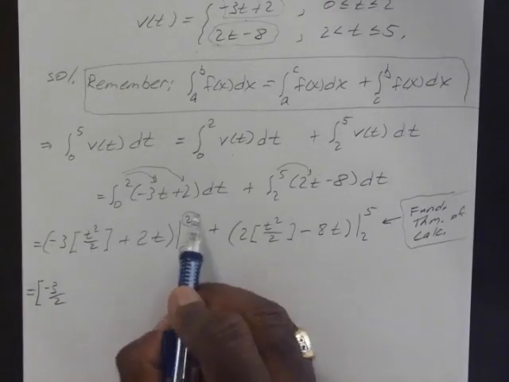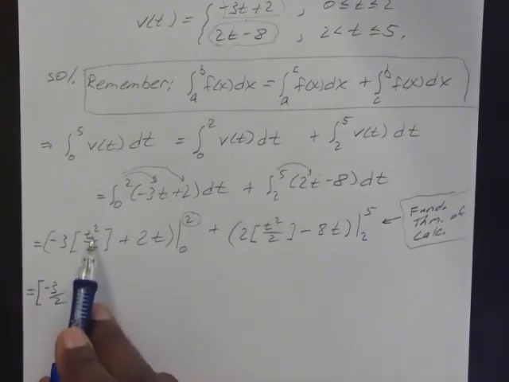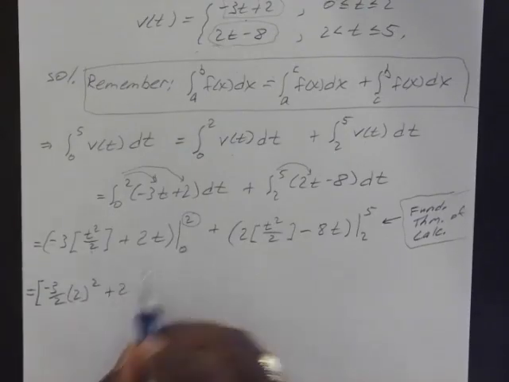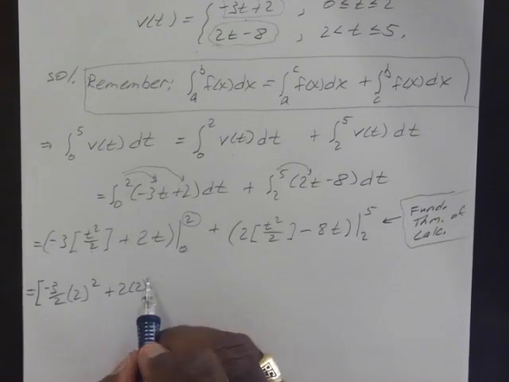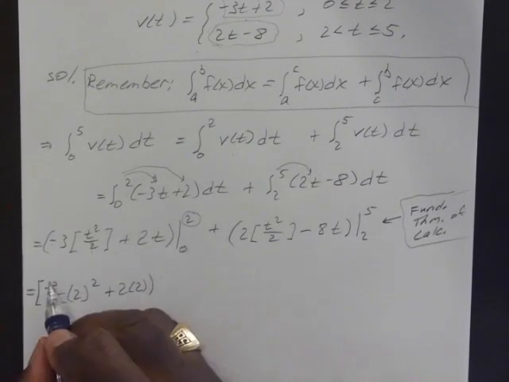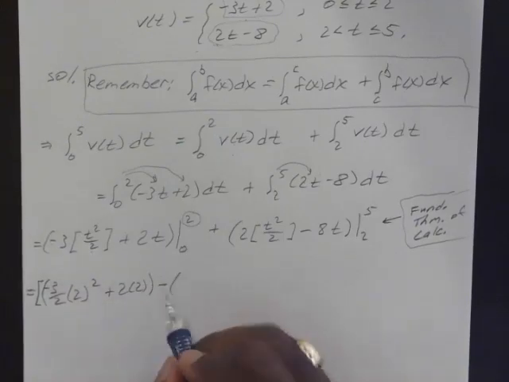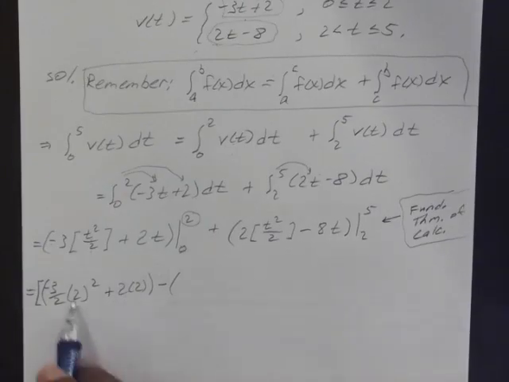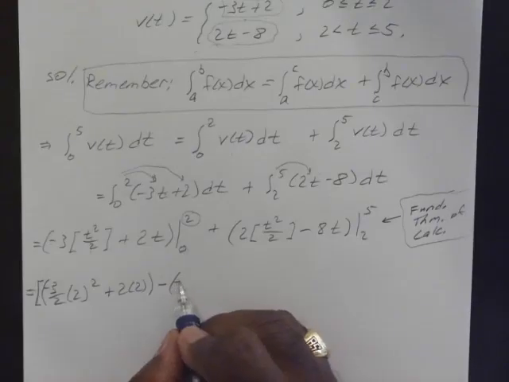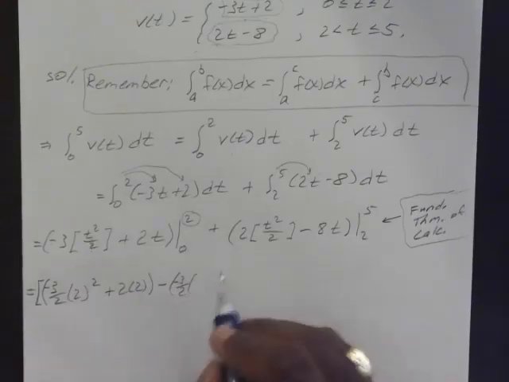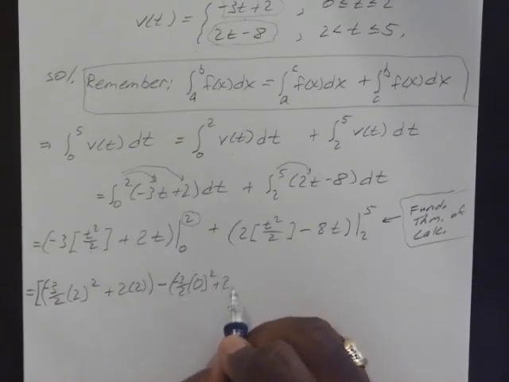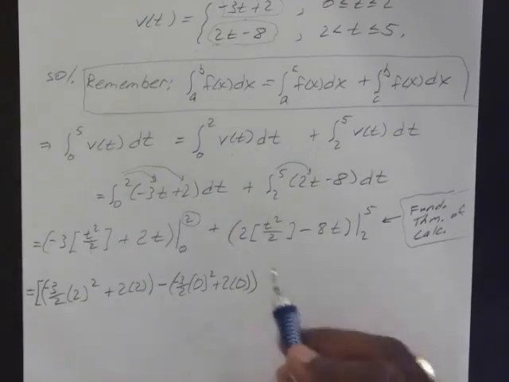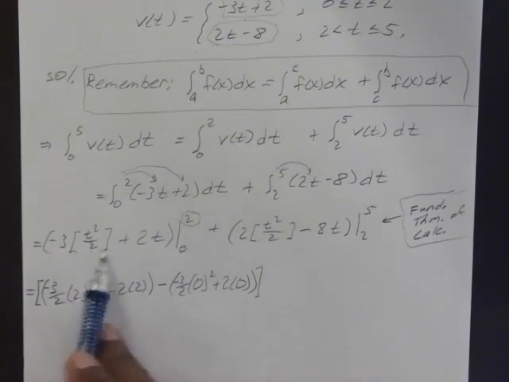So if we plug in our upper limit, that's -3 over 2 times 2 squared plus 2 times 2, minus, now we plug in our lower limit. I'm going to try and write this as small as possible to fit everything on there. So that's -3 over 2 times 0 squared plus 2 times 0. Okay, so that was for this one.